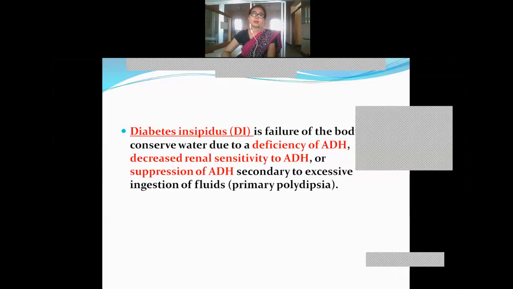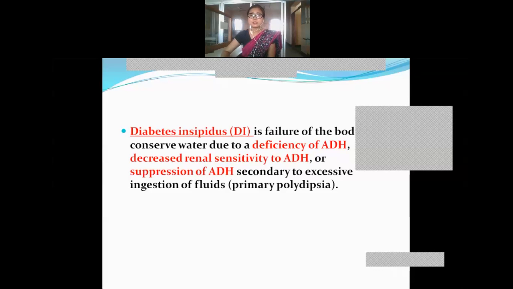What happens in diabetes insipidus is that the pituitary gland may not produce enough antidiuretic hormone. I forgot to tell you that the function of antidiuretic hormone is to reabsorb sodium and water in the body. So in diabetes insipidus, the pituitary gland does not produce enough antidiuretic hormone, or if the pituitary gland produces it, there is decreased renal sensitivity to antidiuretic hormone.